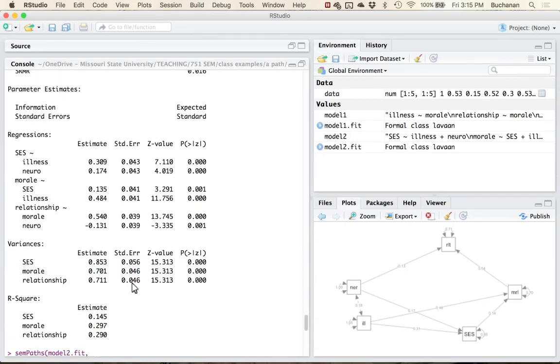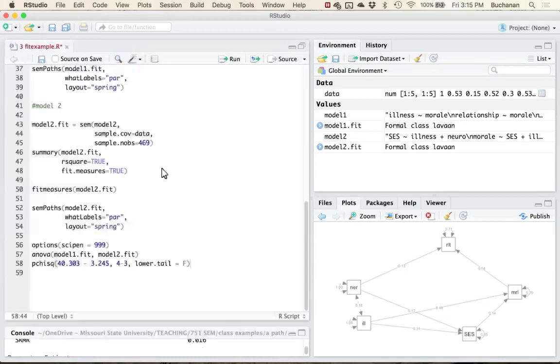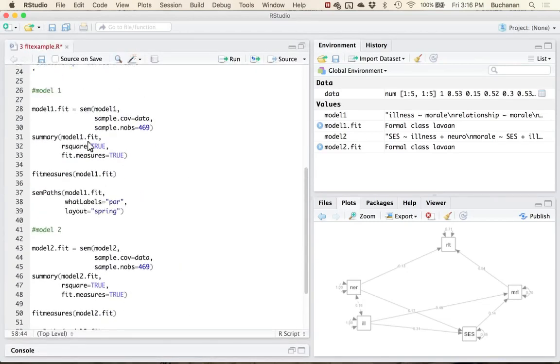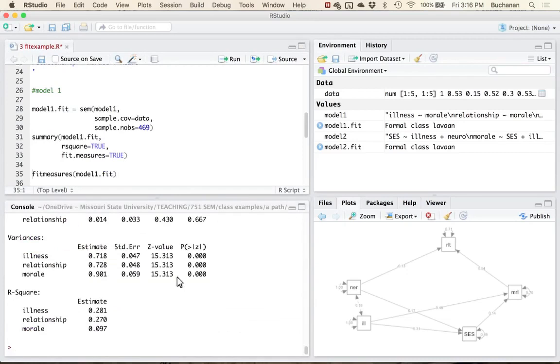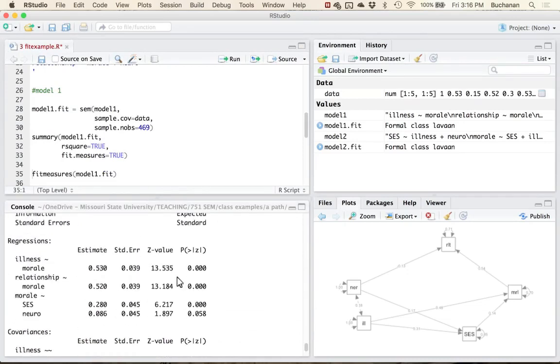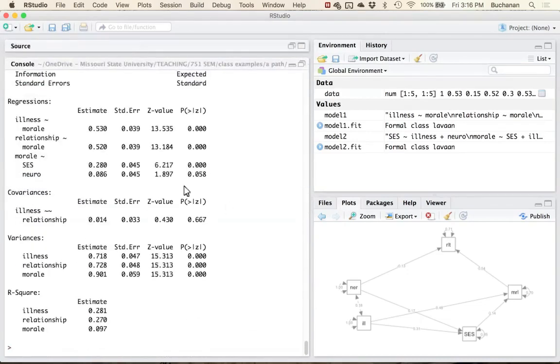One thing to notice that I think I haven't mentioned before is the standard errors are very low in both models. And that is normal to have standard errors that small because you have very large sample sizes. But one thing to notice, if you're looking at a model that maybe seems like it's not working too well, there might be one standard error that's really large. That's usually a sign that something's gone wrong. So something else to look at is standard errors.